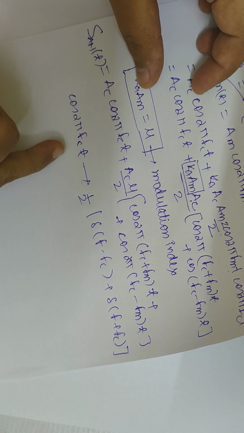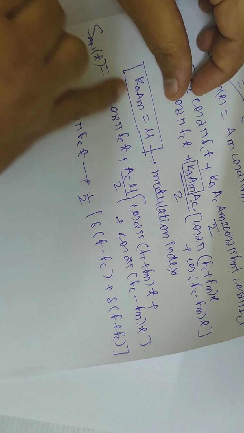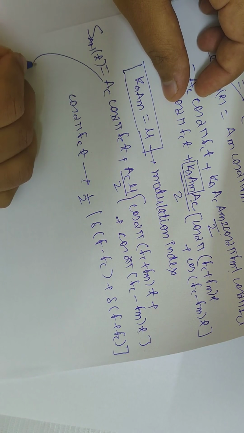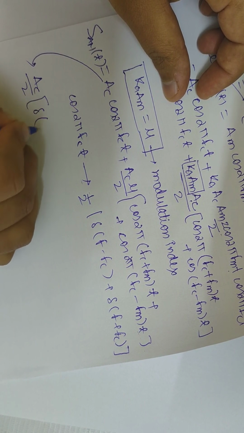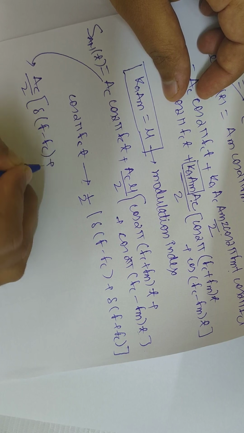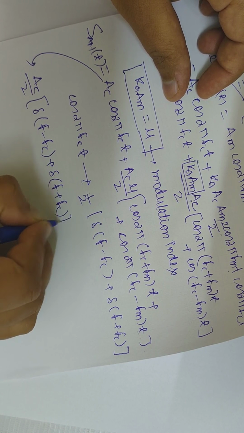As you know, the Fourier transform of a cosine signal is this, so the Fourier transform of this will be Ac by 2 times del(f minus fc) plus del(f plus fc).